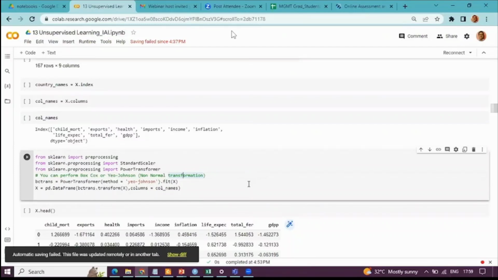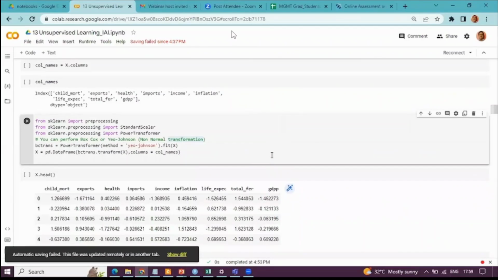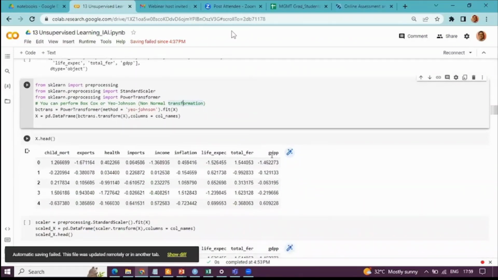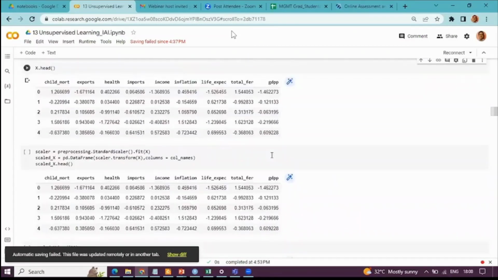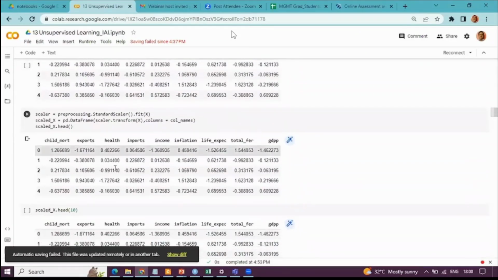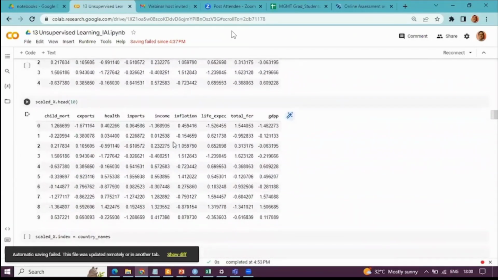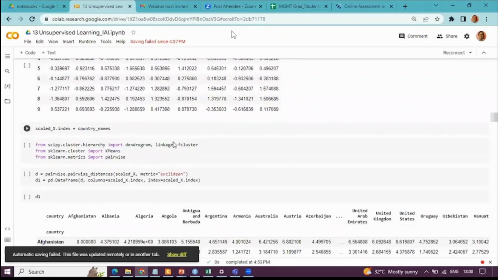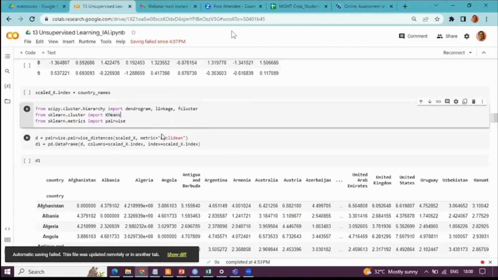Here we have done a non-linear transformation, like the Yeo-Johnson transformation, which tries to bring the data closer to normal. After that, we can perform the scaling on the data. Sometimes people directly perform the scaling without doing the Box-Cox or Yeo-Johnson transformation. So we have done the standard scaler, and then we directly went towards the k-means clustering.